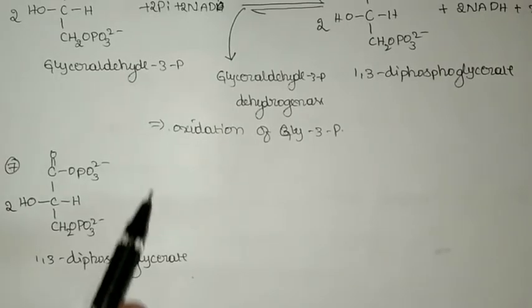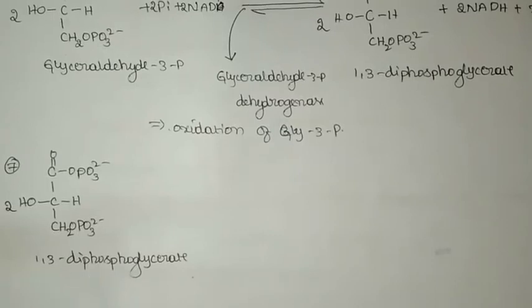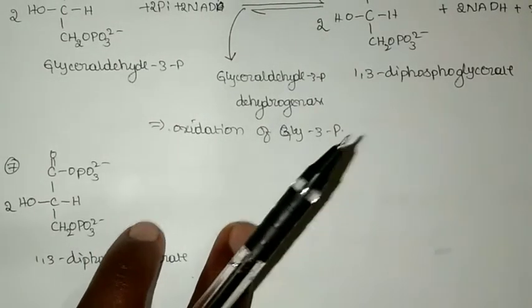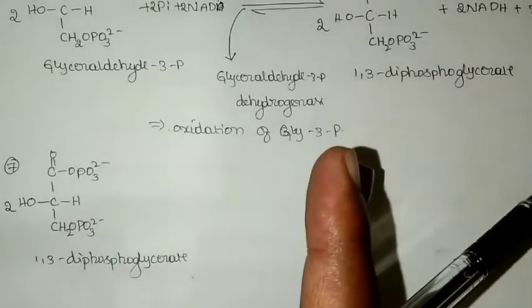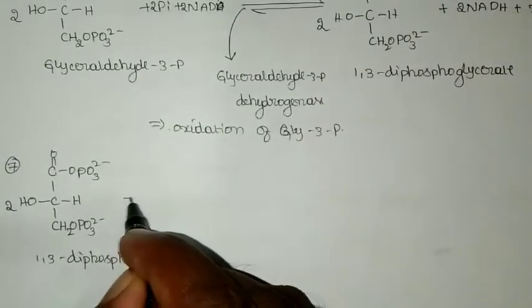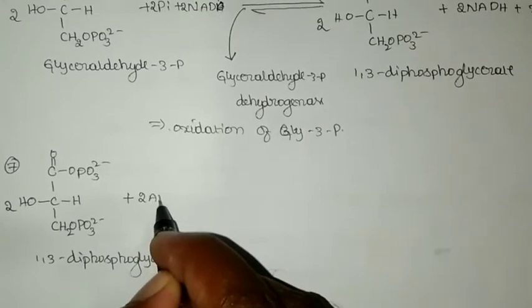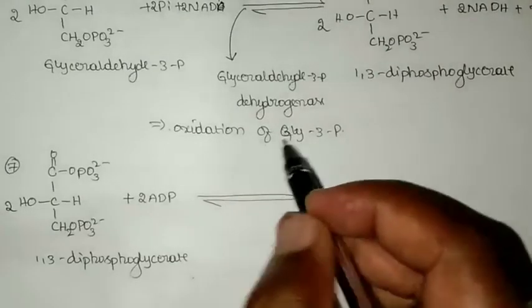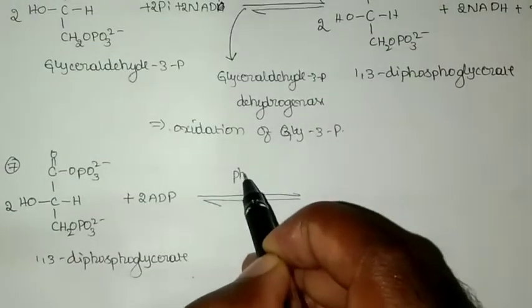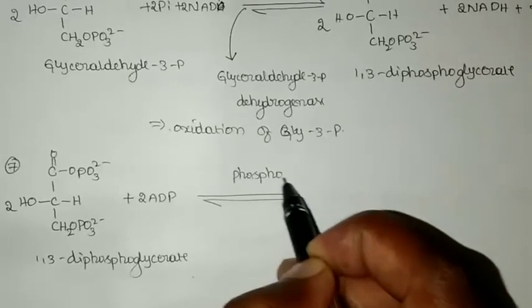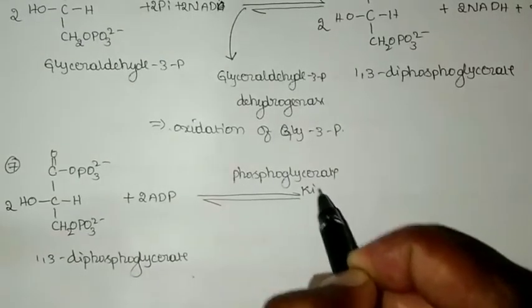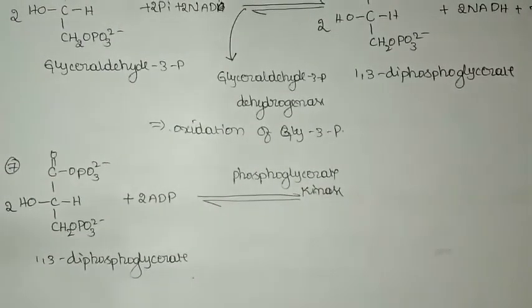So we are having two molecules of 1,3 diphosphoglycerate, and you have noticed that in the first reaction and in the third reaction there occurs utilization of two ATP molecules so as to produce two ADP molecules as a whole, and those two ADP molecules will come into picture over here, in the presence of the enzyme called phosphoglycerate kinase. It's a different case of kinase.